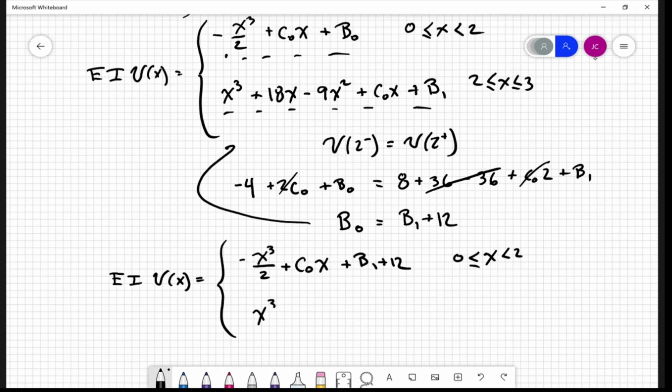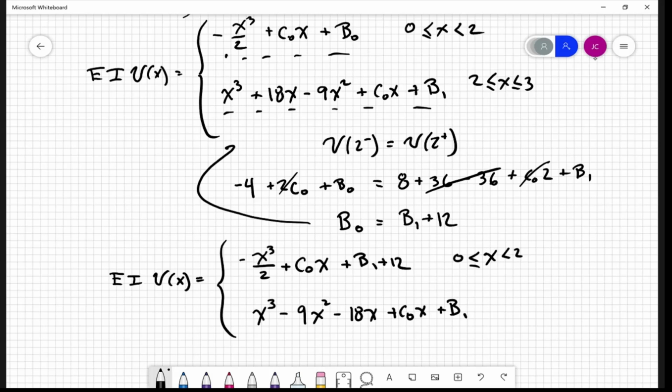And then for the second equation, well, that's just what we get, right? X cubed minus 9x squared minus 18x. I guess I should put it in descending order, so I probably should do it this way. Plus C0x plus B1.